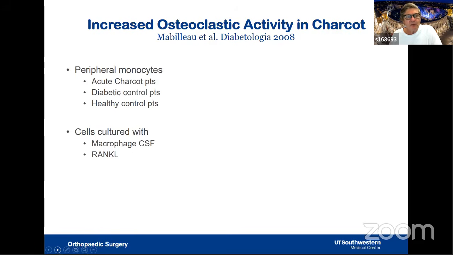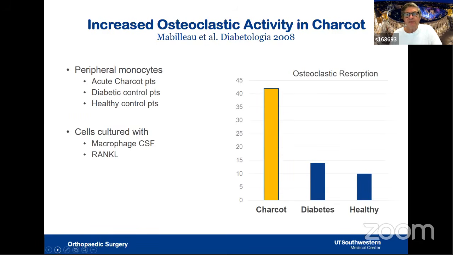They incubated them with RANKL. And what they found is that Charcot peripheral monocytes had much greater osteoclastic resorption than diabetes patients in general and healthy control. So this was a pivotal study that actually showed that this was circulating in the peripheral serum and wasn't necessarily just a local phenomenon from the Charcot.